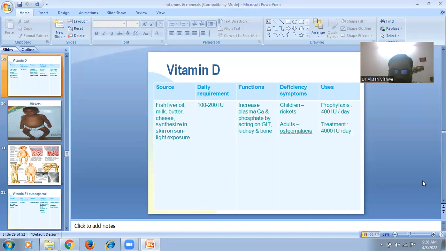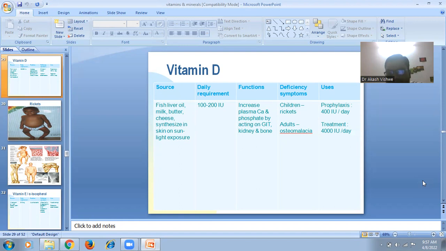The functions of vitamin D are that it increases the plasma calcium and phosphate by acting on the GIT, kidney, and bone, increasing their levels. The deficiency symptoms of vitamin D: in children, it can cause rickets, while in adults, it can cause osteomalacia.